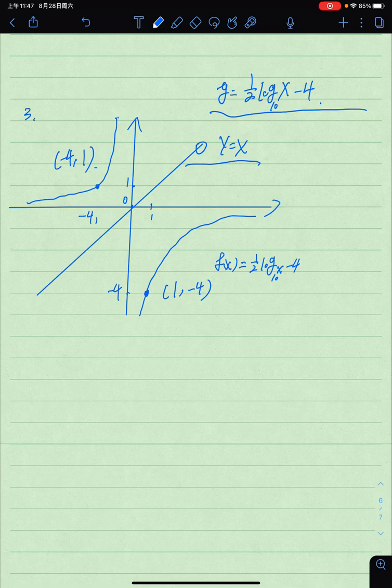The third question is to determine the domain, range, and equation of the asymptote of the inverse function. For the inverse function, the domain is x belongs to R, any real number.